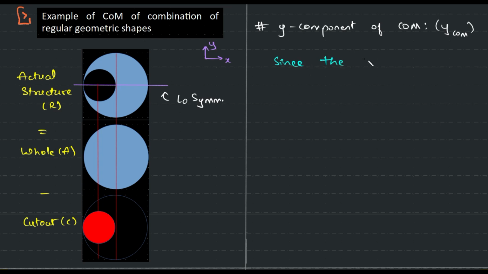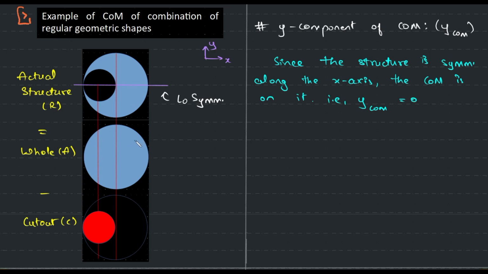Since the structure is symmetrical along the x-axis, the center of mass is on it. So basically, your y center of mass has to be 0. Where along the 0? Is it here, here, here, here? That is still to be found.